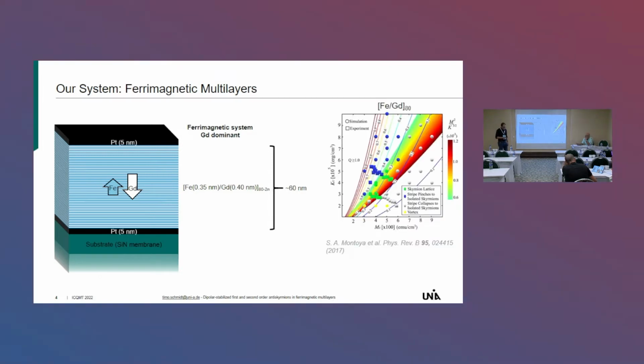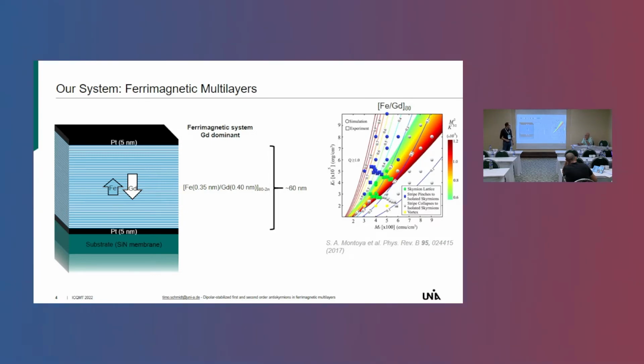We orientated ourselves on the work of Montoya et al., which you can see here, and this group worked on these iron gadolinium 80 multilayers and tried to stabilize Bloch skyrmions by the dipolar interaction. So no DMI, but dipolar stabilized skyrmions.